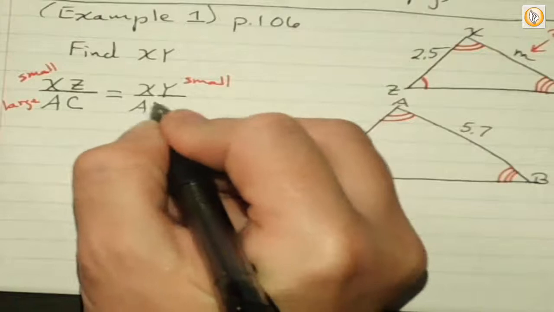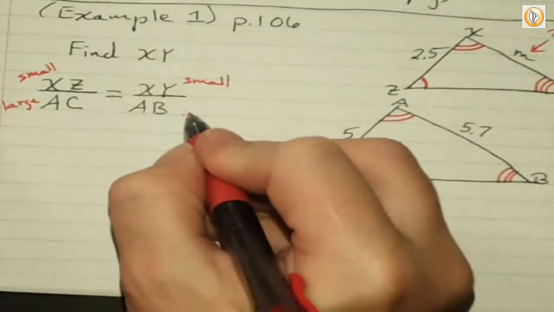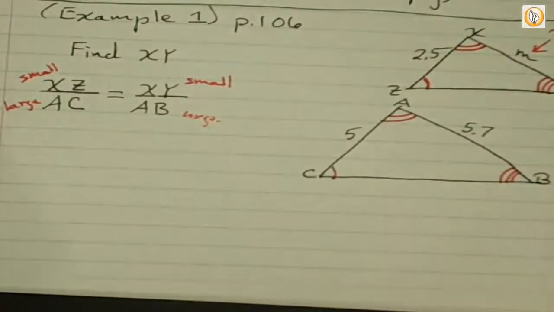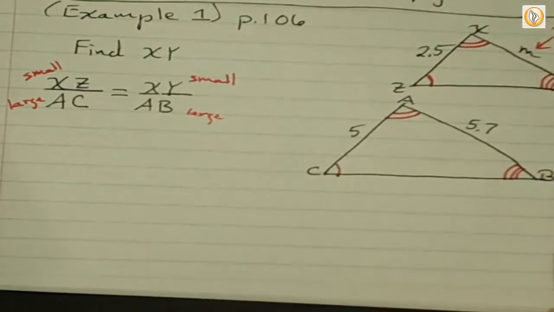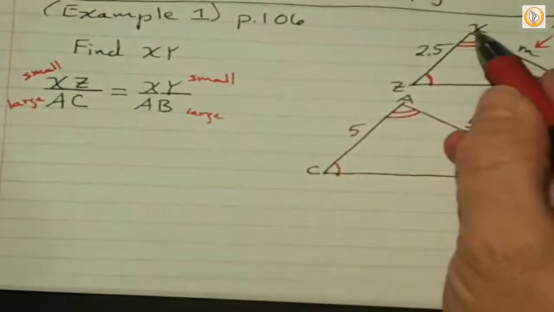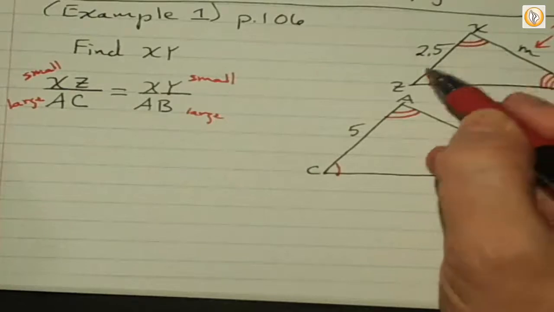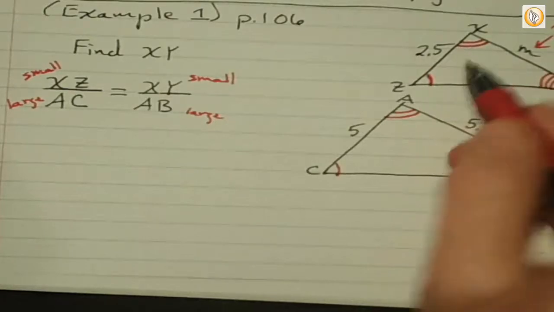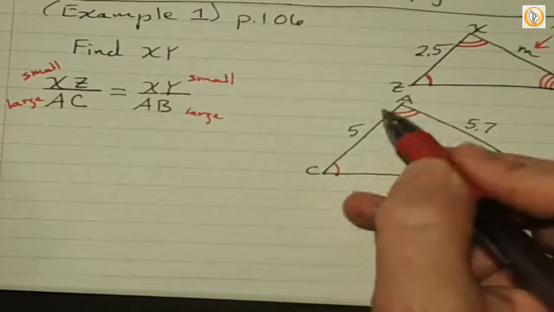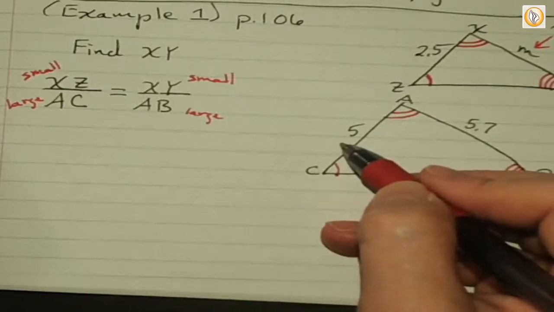AB. Question. Yes. Why did we XC? Huh? Why did you XC? This side, they gave us the measurement for already. And they also gave us this measurement. Right?